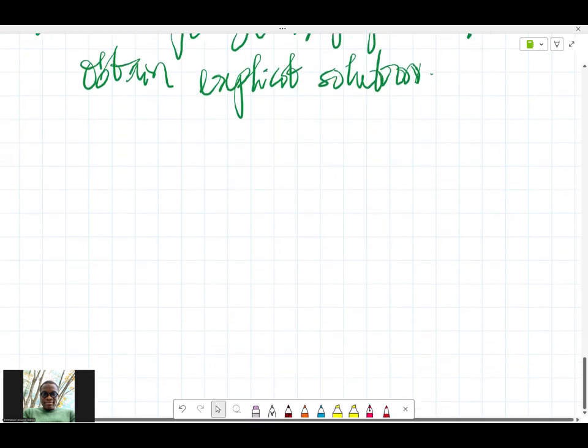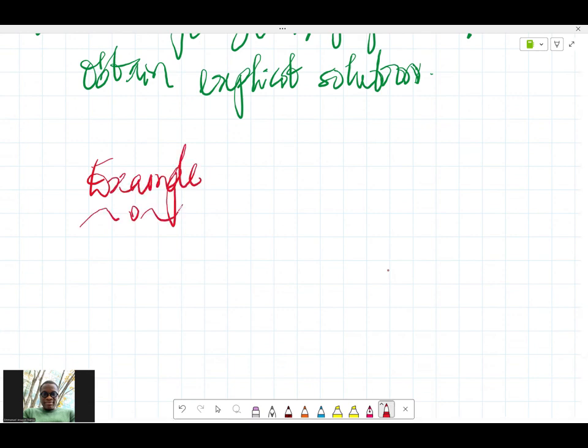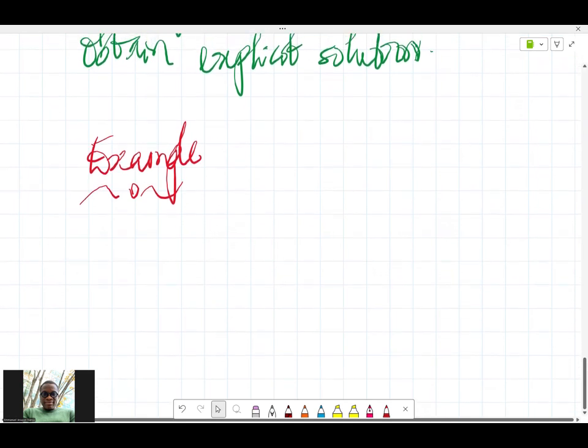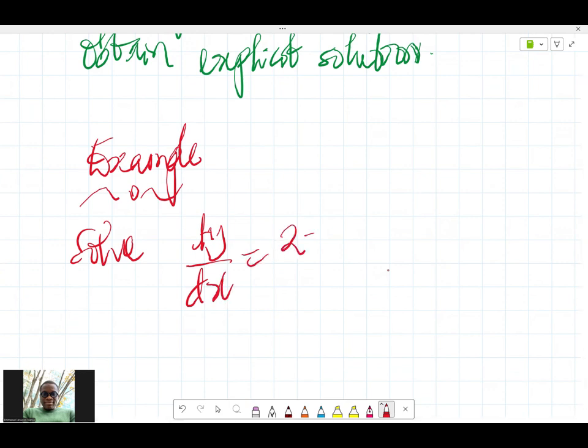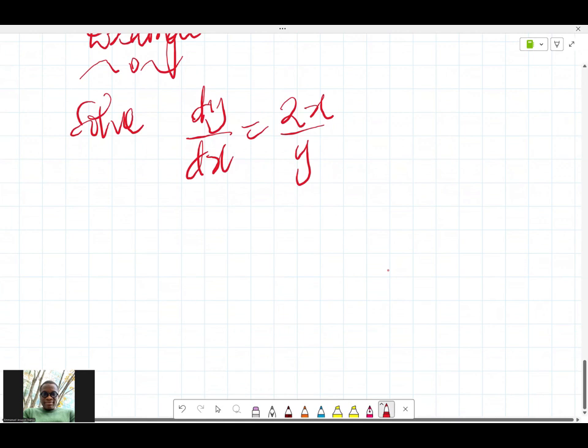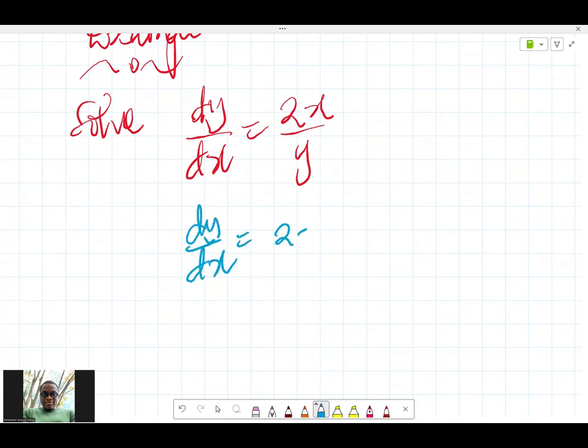Okay, so let's take an example now. Imagine that you need to solve dy/dx equals 2x over y. If you look at this, it is like dy/dx equals 2x times 1 over y.